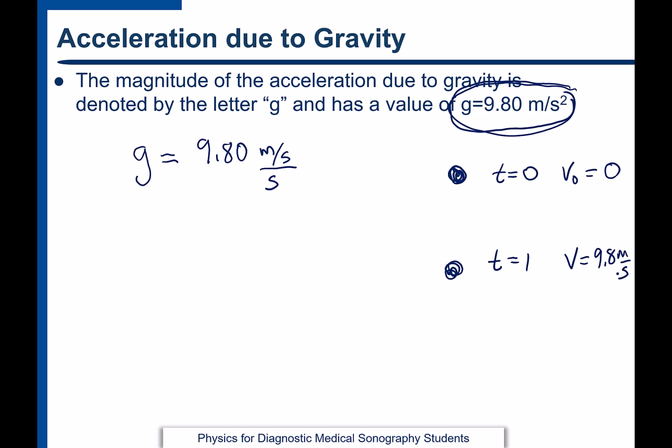So it's gaining 9.8 meters per second for every second. So if we looked another second later, we would see that the velocity would have gained another 9.8 meters per second. Or in other words, we would now be up to a total of 19.6 meters per second. So that's what it means.